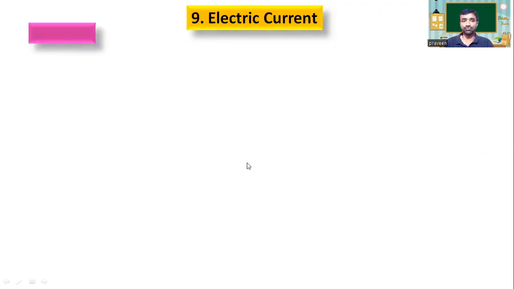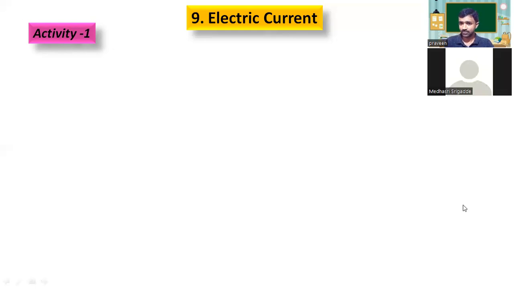In activity 1, you are trying to understand the motion of charges first. We are unable to see the motion of electrons or the motion of charge, maybe positive charges also. Really, are you able to perceive the motion of charge? Anybody? Have you seen the flow of charge from one place to another? Did you see?